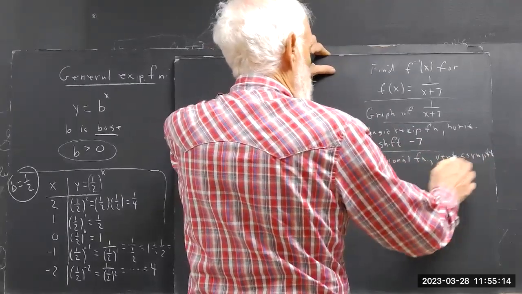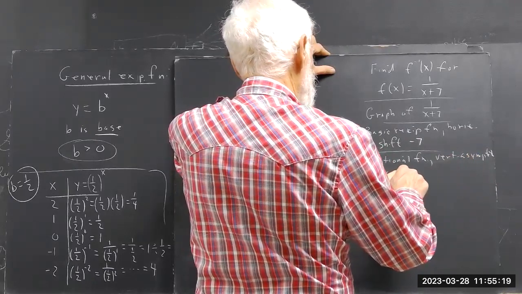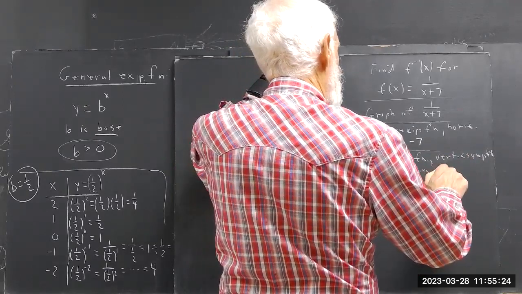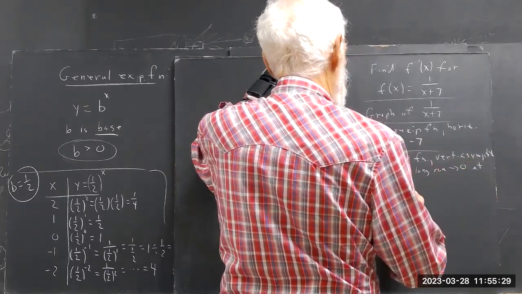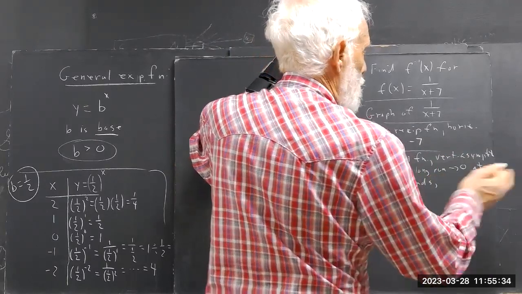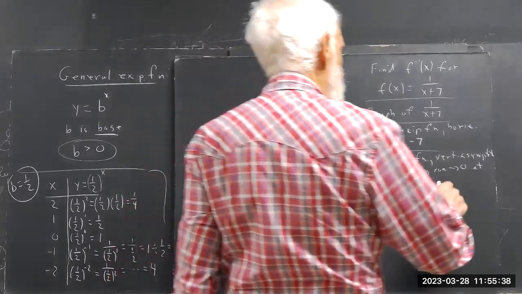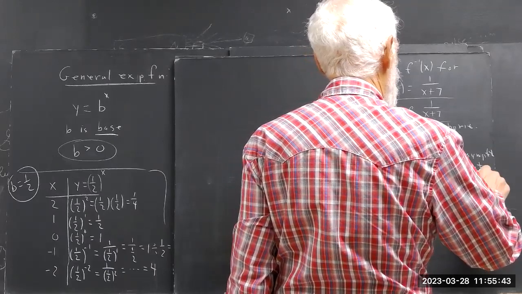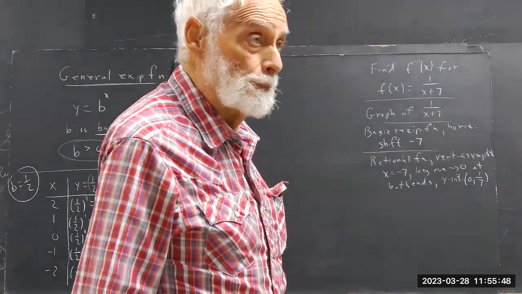Alternatively, there's the vertical asymptote. In the long run, the function approaches 0 at both ends. And the y-intercept occurs when x equals 0, which is 1/7.